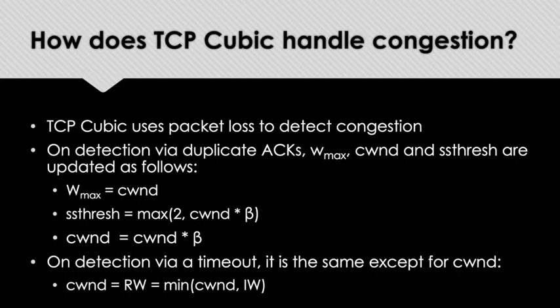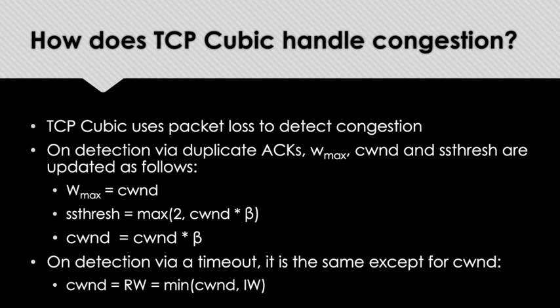So how does TCP exactly handle congestion when it gets it? Packet loss is still the mechanism utilized to identify network congestion in TCP CUBIC, as with other older TCP congestion control mechanisms. When such packet loss is detected through duplicate ACKs, TCP CUBIC updates Wmax, CWND, and SSThresh. It first saves the window size at detection as the new Wmax.